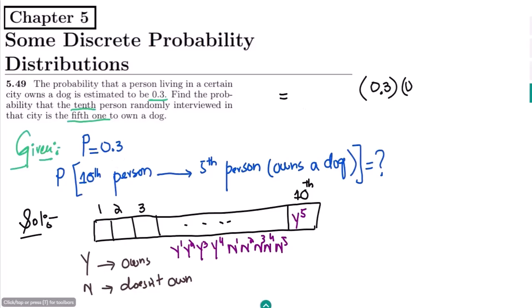0.3 multiplied by 0.3, multiplied by 0.3, multiplied by 0.3, and multiplied by 0.3. Why?